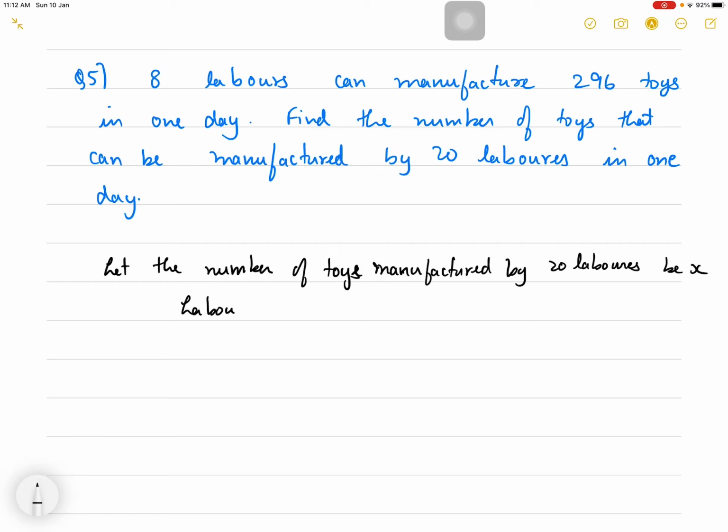So labor ratio is 8:20 and toys ratio is 296:x, and this is a direct proportion problem.